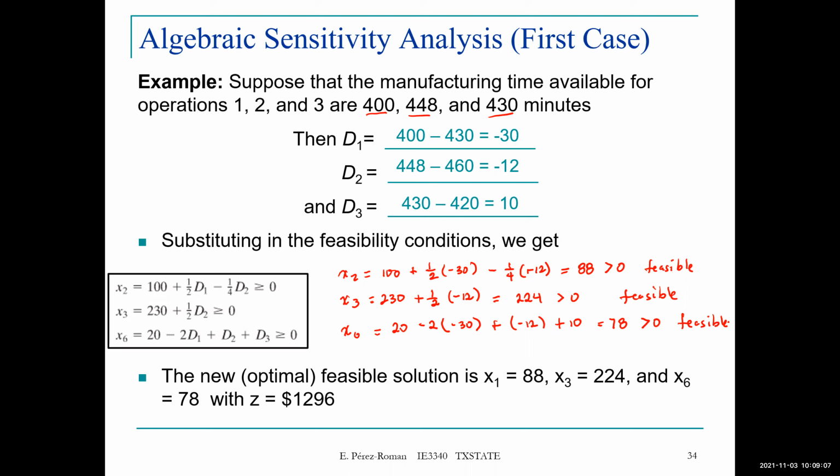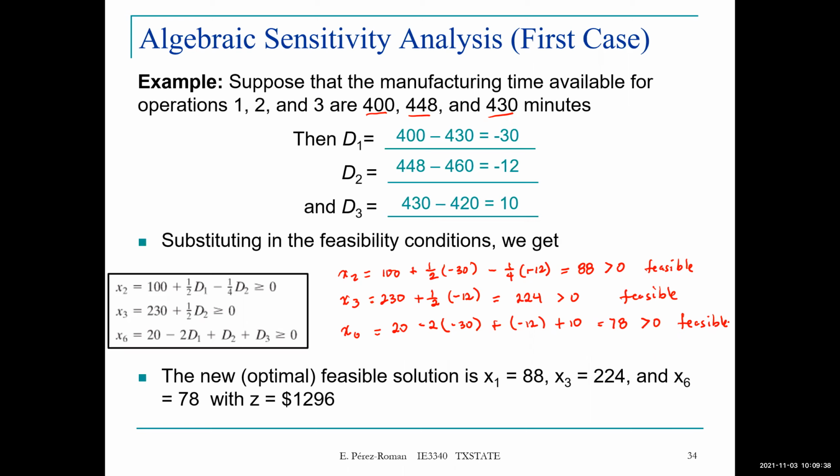So the Z value in this example, originally the objective function value was 1,350. So the new optimal feasible solution is 1,296 units. So the change is based on the changes that we made to the capacity of the right-hand side constraints, right?